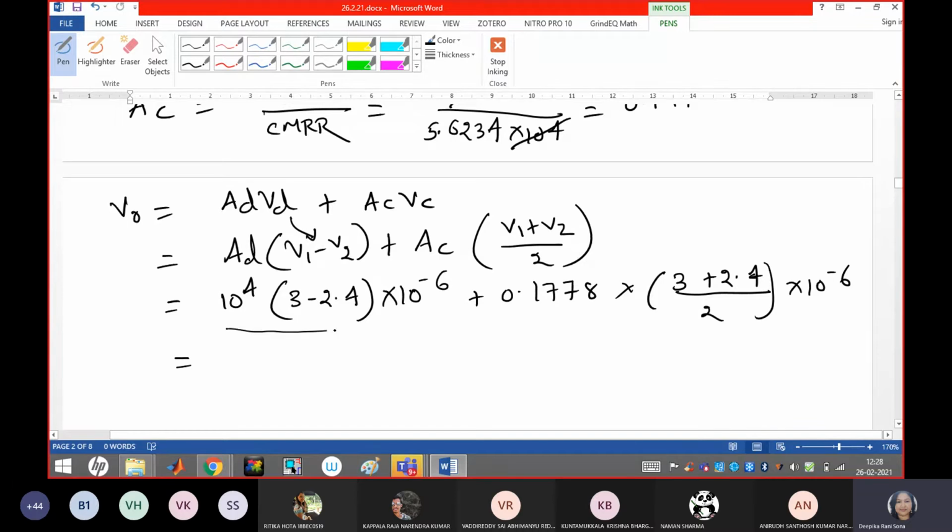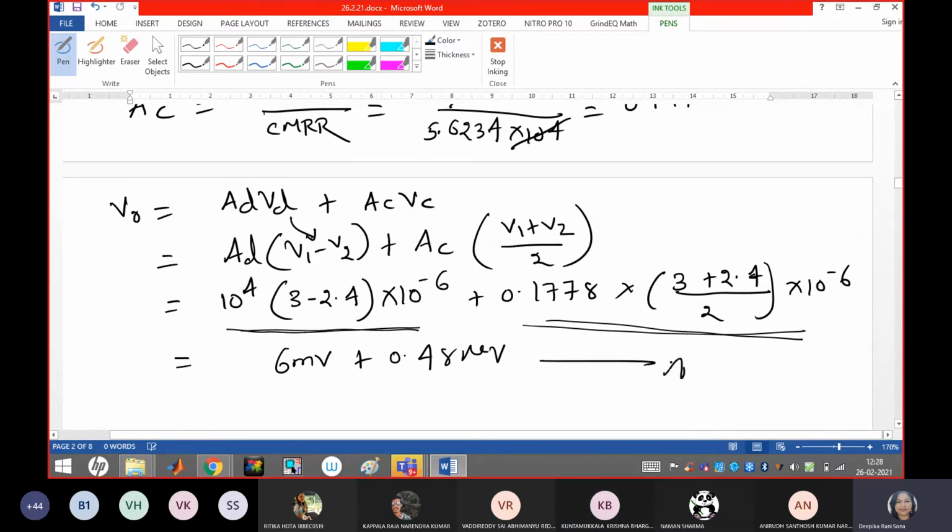What is the answer for this part? Later you convert. First one 6 millivolt, ma'am. Yes, 6 millivolt plus 0.48 microvolt. You convert this later.